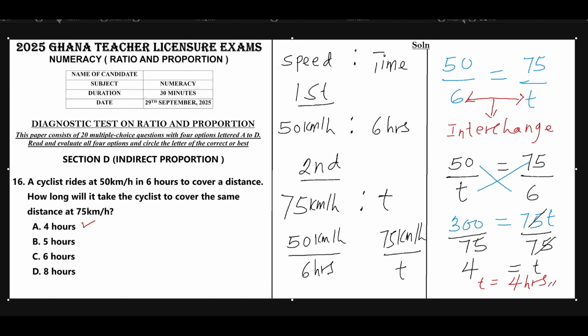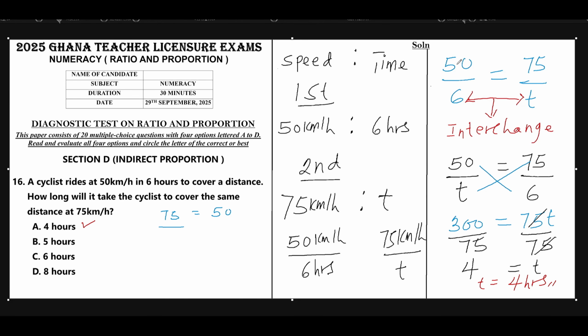So let's do the other way around. Instead of interchanging the time, let's interchange the speed and see whether we will get the same answer. This time we are interchanging the speed. So instead of 50, we have 75, and this must be equal to 50 on the other side.